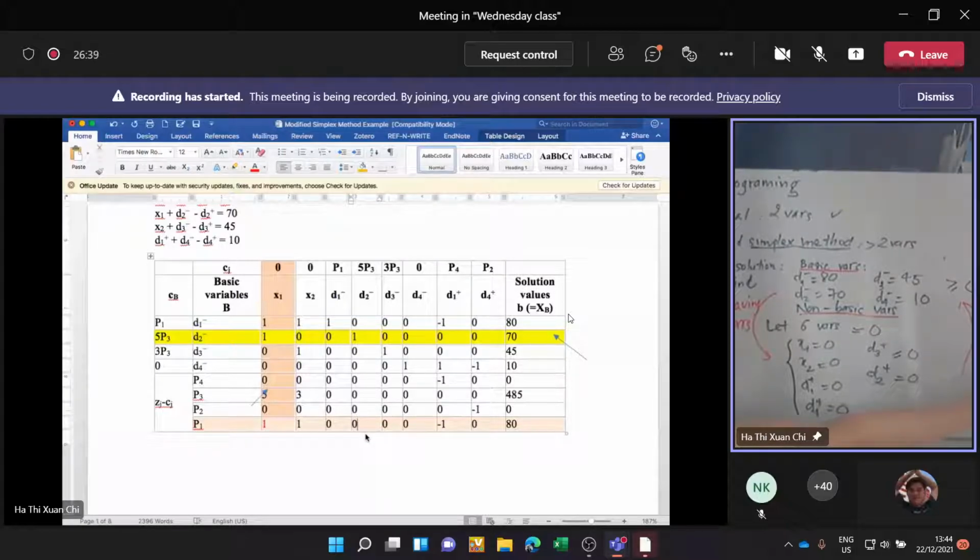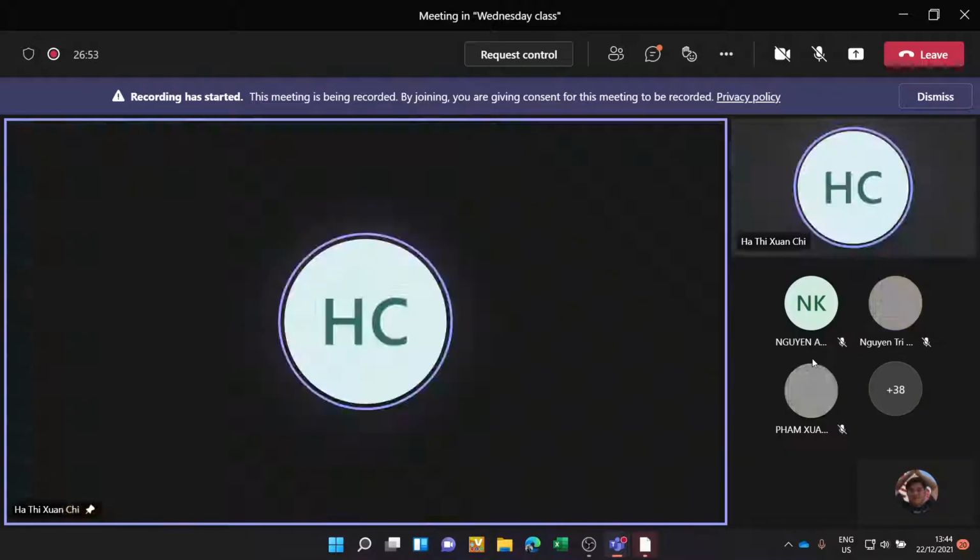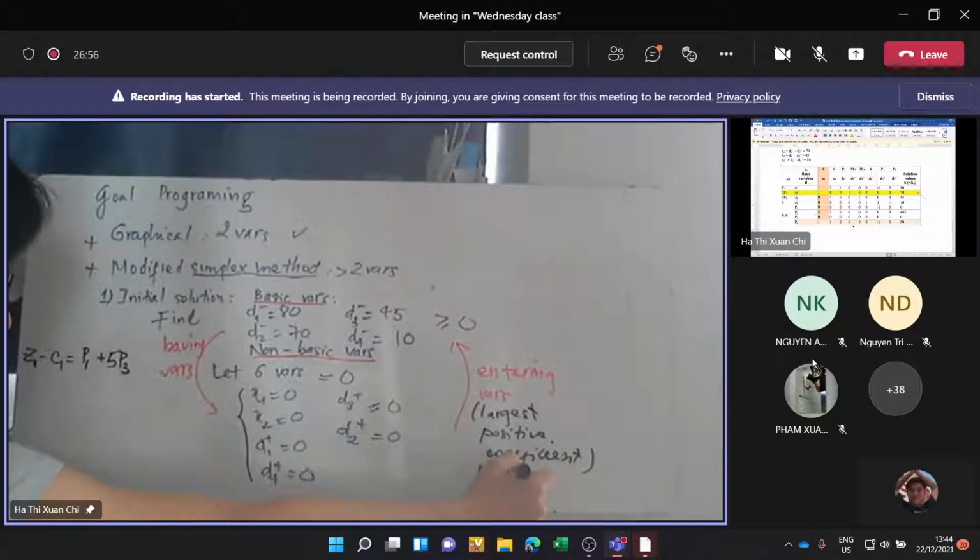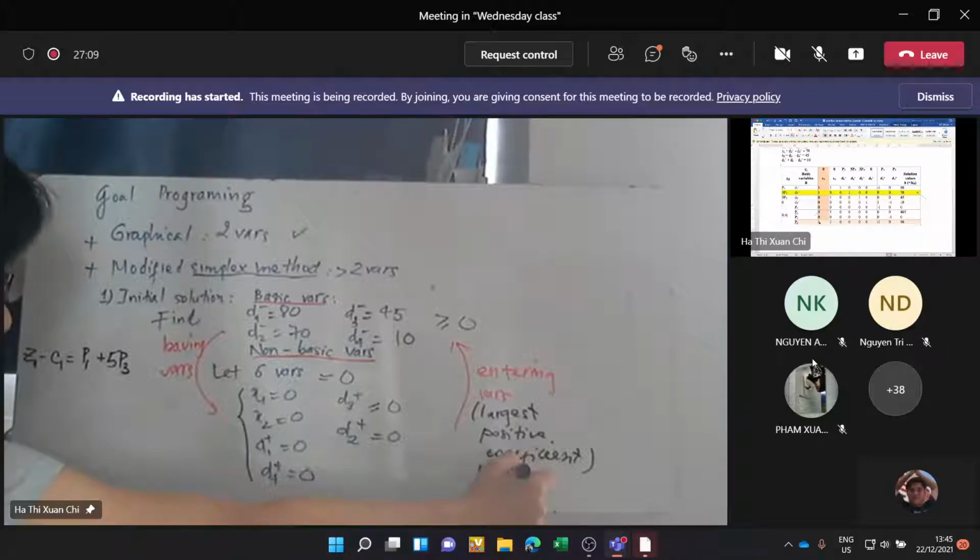So we select the largest positive coefficient. In P1 is first, P2, P3, and P4. So if you look at this, everyone, P1, that is first priority. So we choose P1 first.